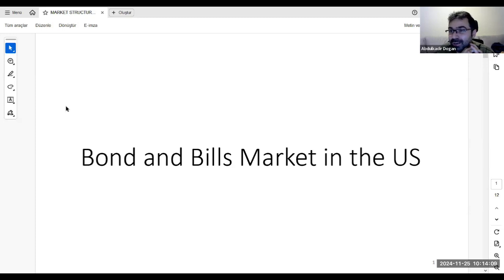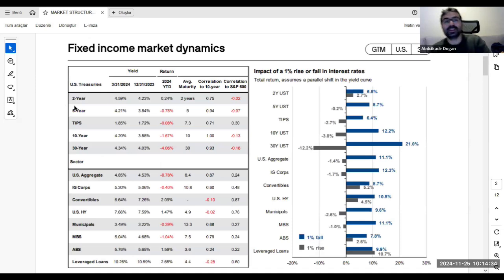Or the Treasury, if they need cash, prints Treasury bills, distributes them to investors, and makes coupon payments or a payment at the end of the maturity of the bonds and bills. Let me start with the fixed income market dynamics in the United States.